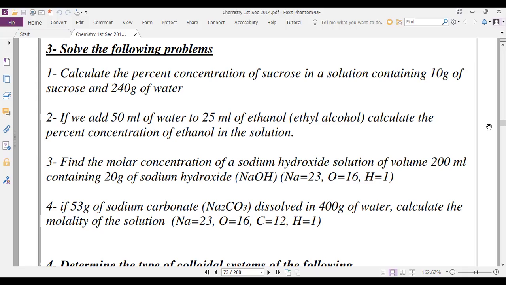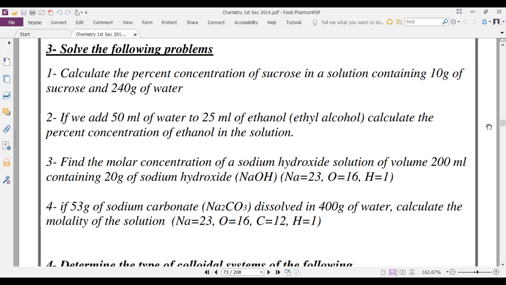Question number two. The volume of solution will be the volume of solute plus the volume of solvent. It will be 25 plus 50 equals 75 milliliter, so that's the total volume of the solution.